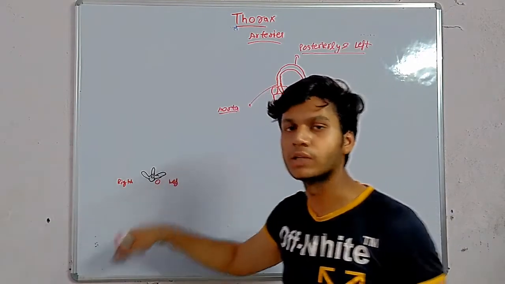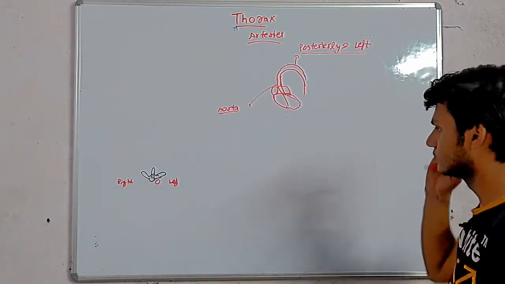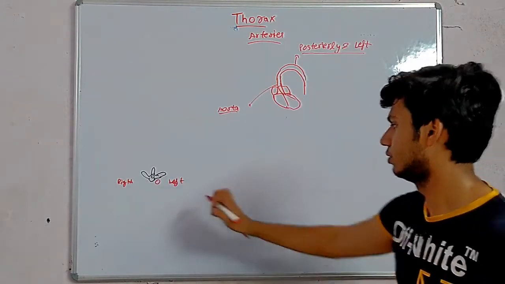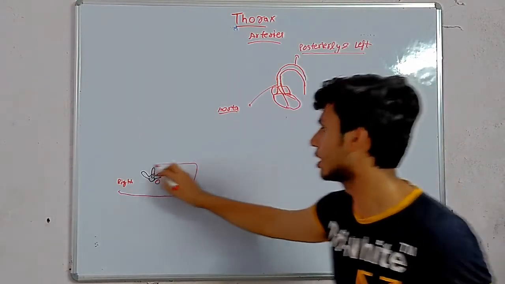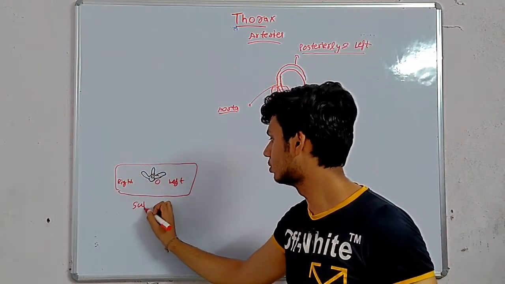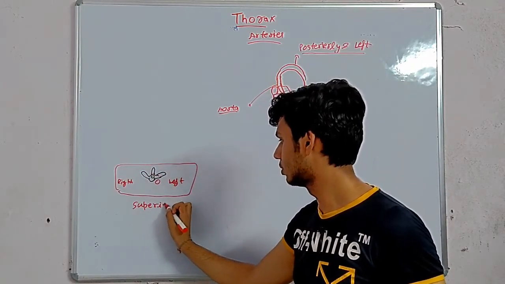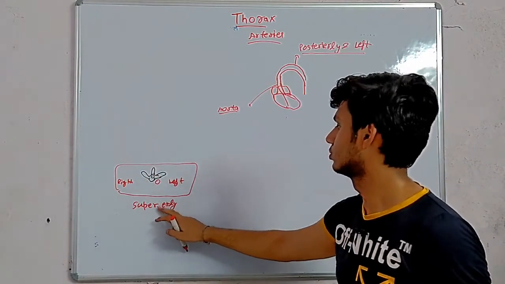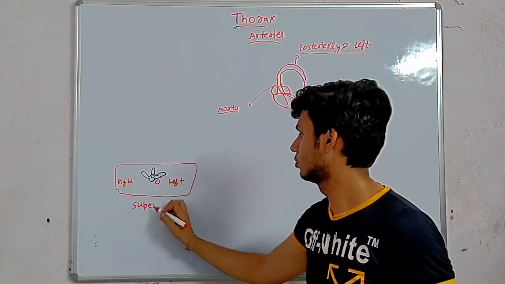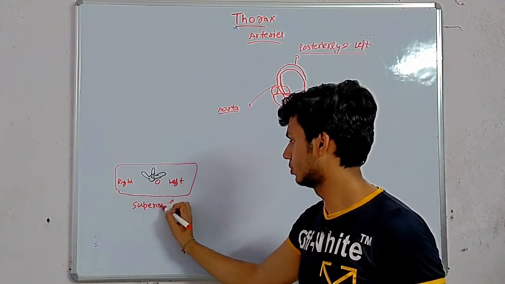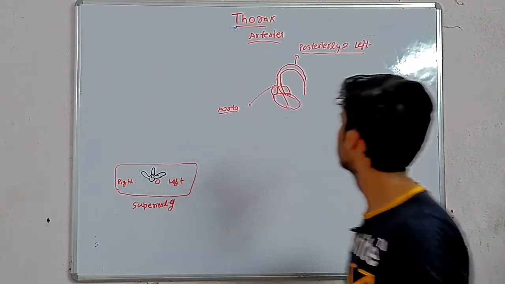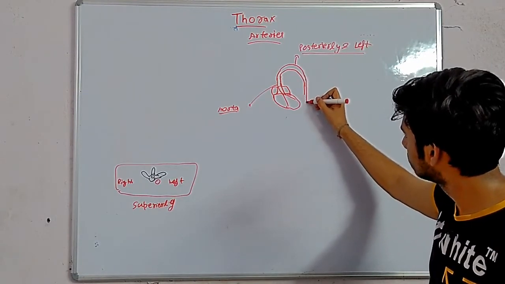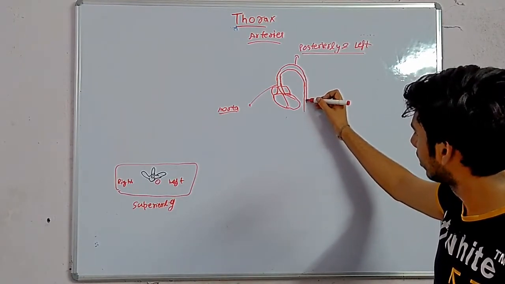It passes through the whole thorax. Done. This is the orientation of the artery from the superior aspect. So the aorta goes into the thorax.